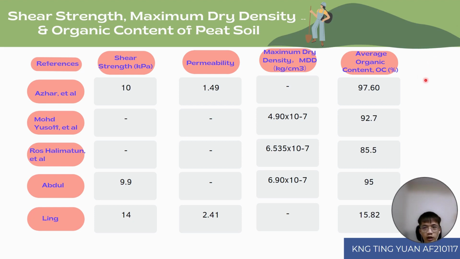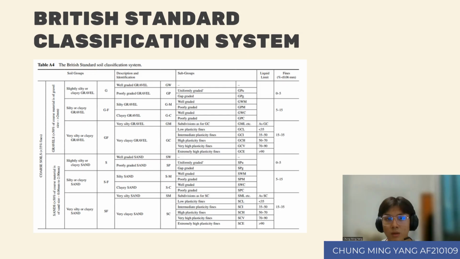Furthermore, the high average organic content shows the remains of plants and vegetative materials whose rate of accumulation is faster than the decomposition rate. With the high moisture content, the compressibility of the soil is too high and unable to be determined.